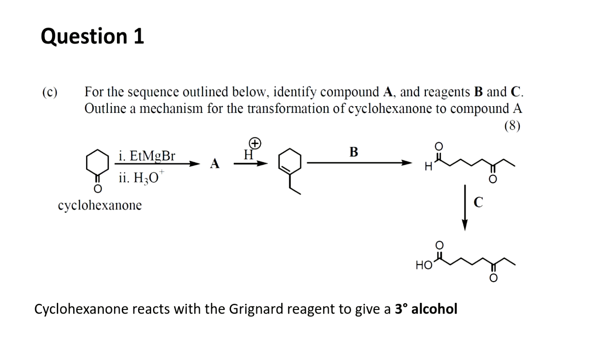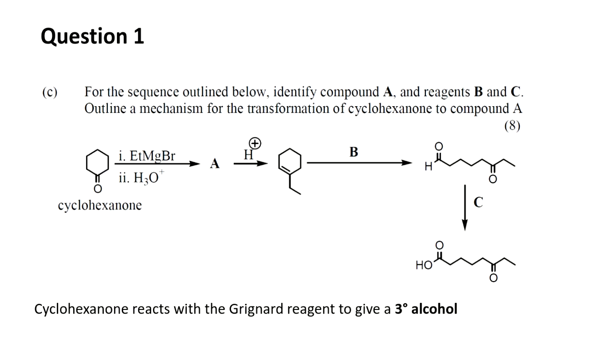So you're asked to give the reaction mechanism and you're asked to identify reagents B and C. So after A, the tertiary alcohol, is formed, the reaction in the presence of an acid will give us an alkene, and then the alkene reacts with B to give us a dicarbonyl compound.